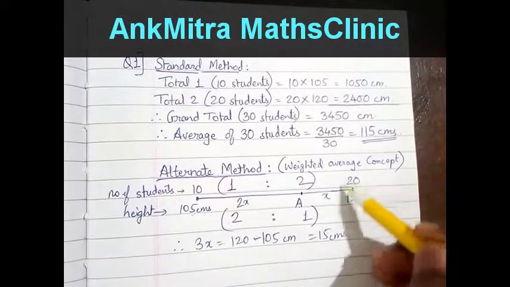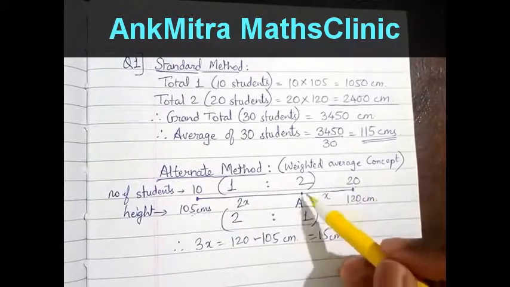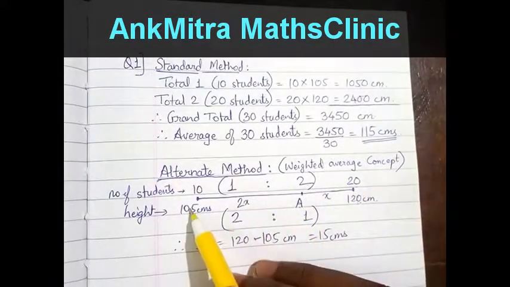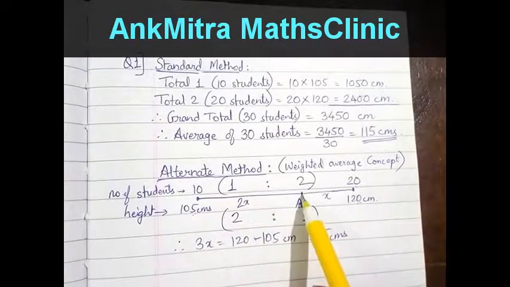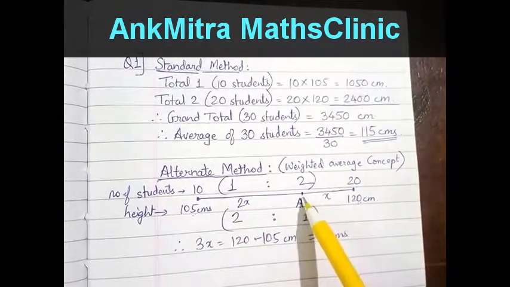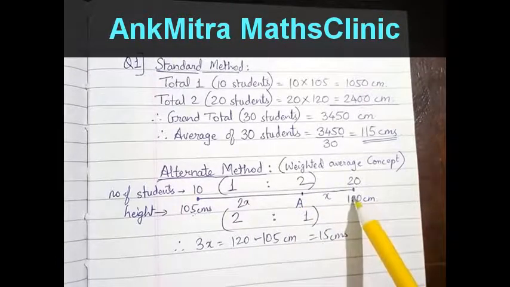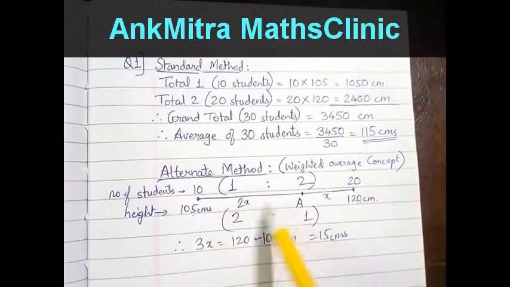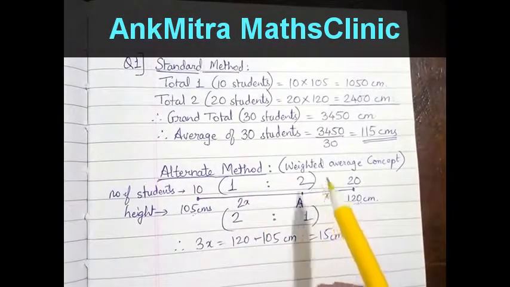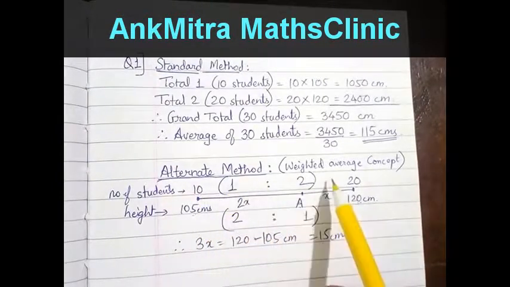Since the number of students here is more, the overall average will be something that is closer to 120 than 105. That is, the difference between the average and 105 will be more than the difference between the average and 120 centimeters. Now this difference is actually the exact opposite ratio of the number of students distribution.